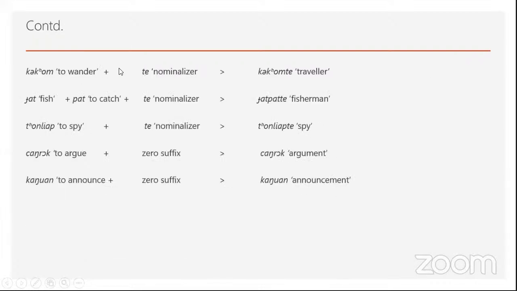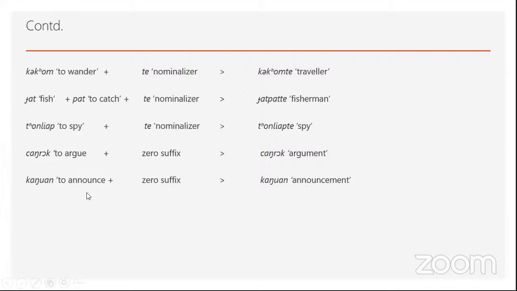Here, Kakom, to wander. With the nominalizer te, it becomes a traveler, Kakomte. And Jat means fish, and Pat means to catch. With the nominalizer te, Jat Pat Te is fisherman. Tonliak is to spy, and with the nominalizer, it becomes Tonliak te, meaning spy, noun. Next, Sangrok, the verb to argue, with a 0 suffix becomes a nominalized noun, that is argument, Sangrok.